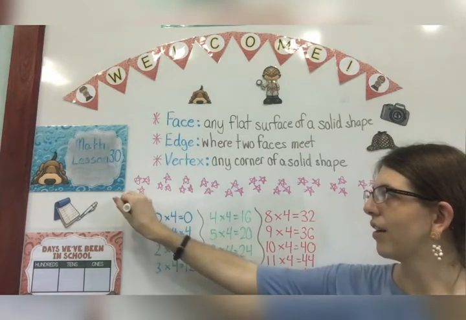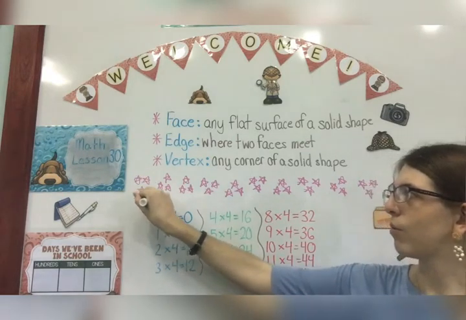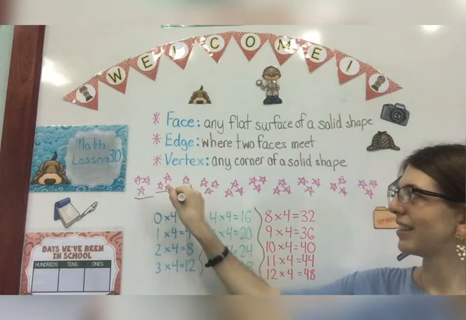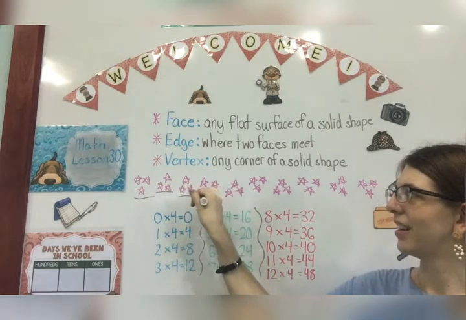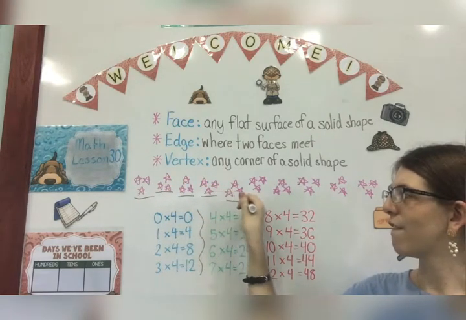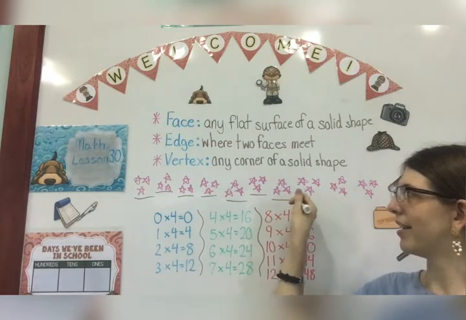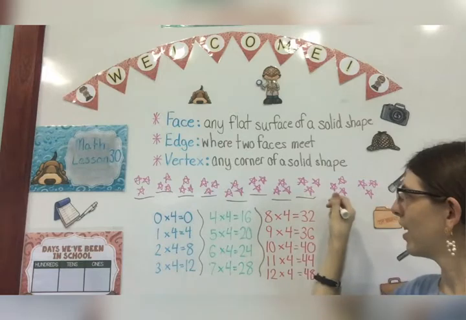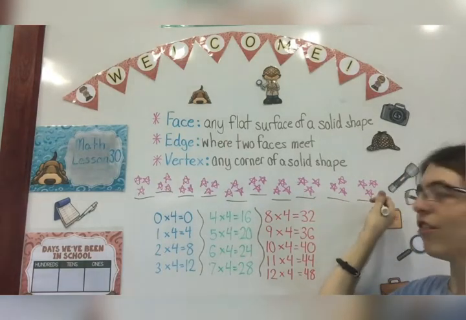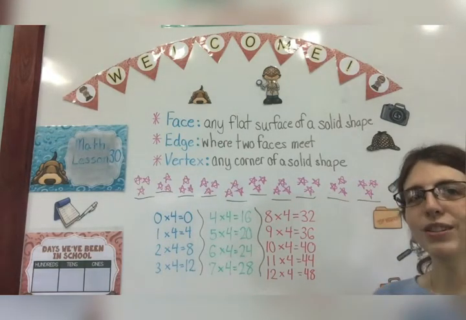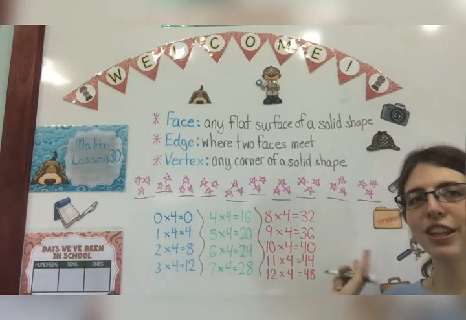Here I have 3, 6, 9, 12, 15, 18, 21, 24, 27, 30. Woo! Those are all of my groups of 3 up to 30.